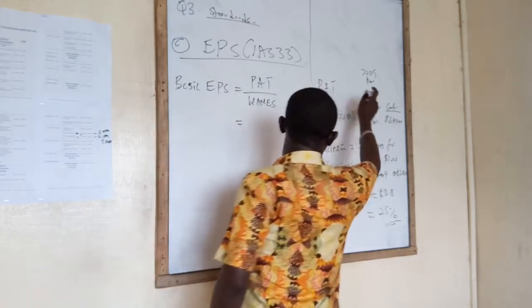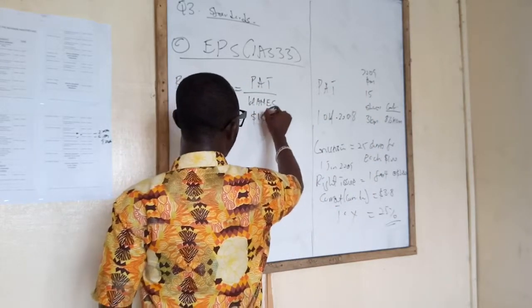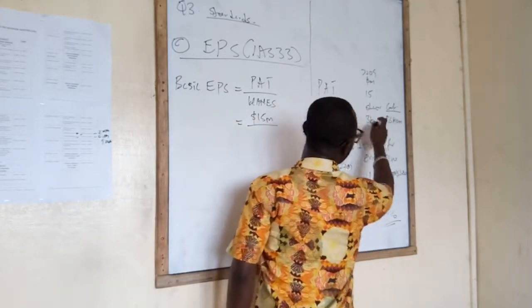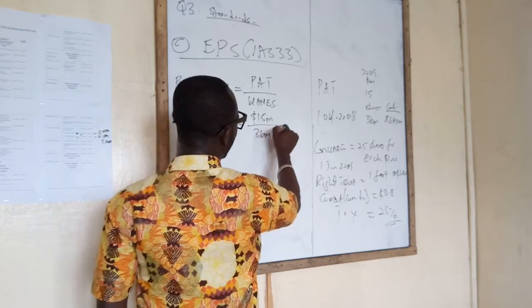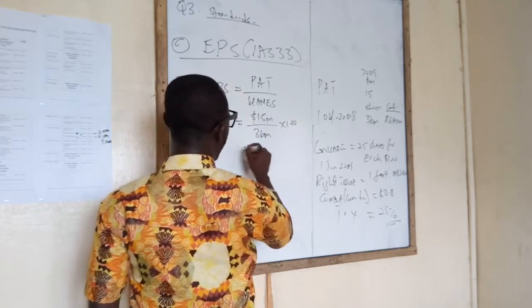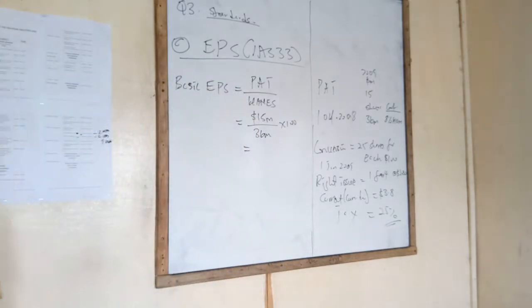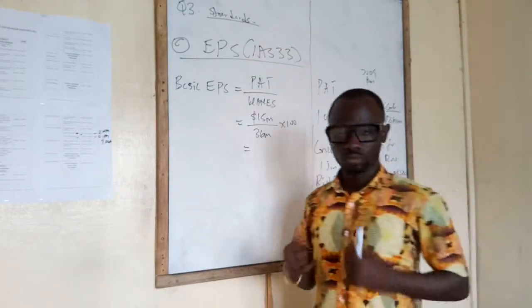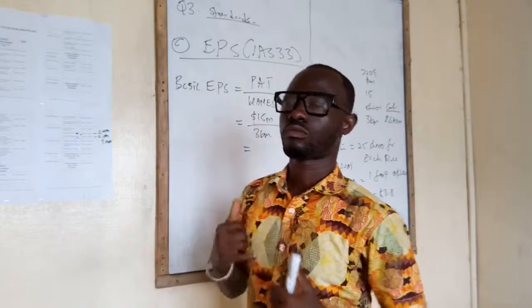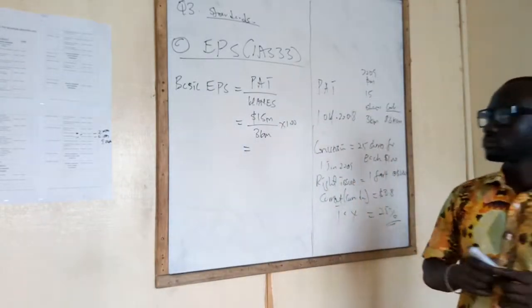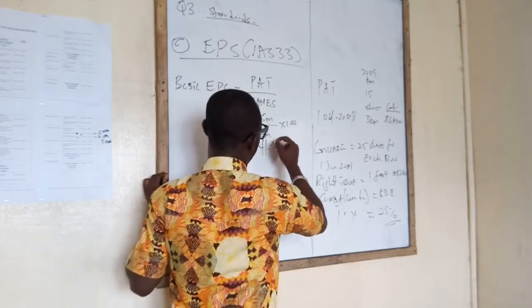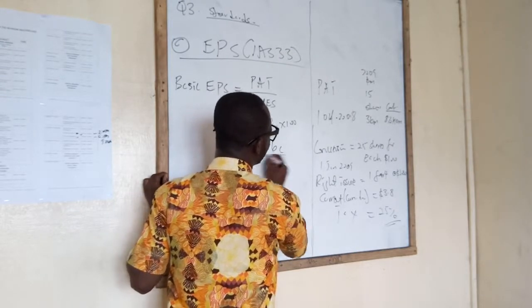So profit after tax is 15 million for the year divided by the number of shares, 36 million, times 100 cents. So this is 41.6 cents.